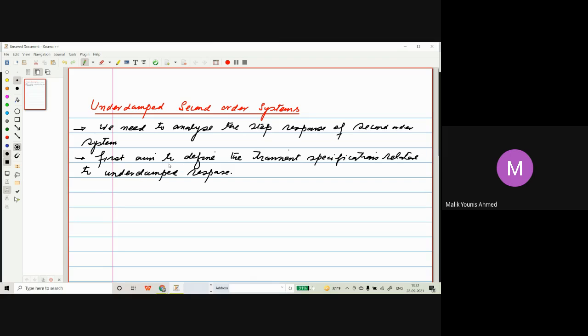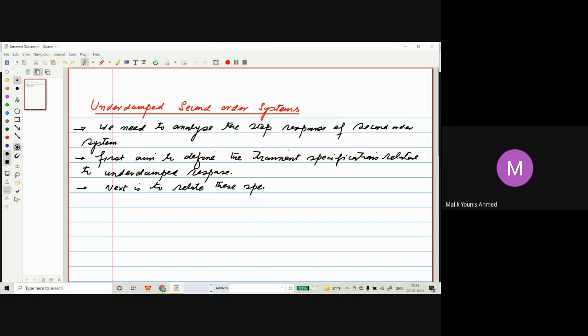Now the next aim is that we have to relate these specifications to the pole location. What are the specifications we'll be getting?